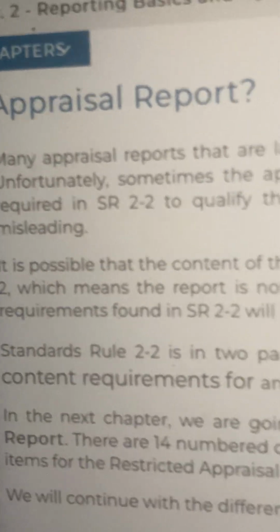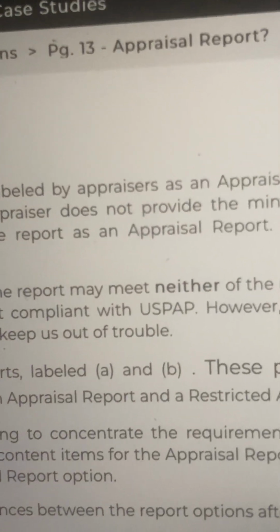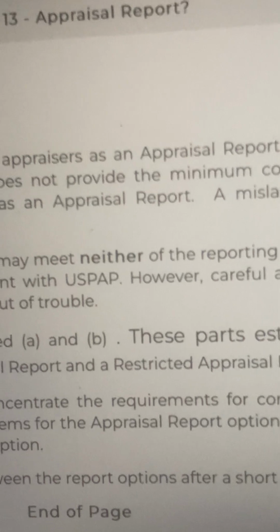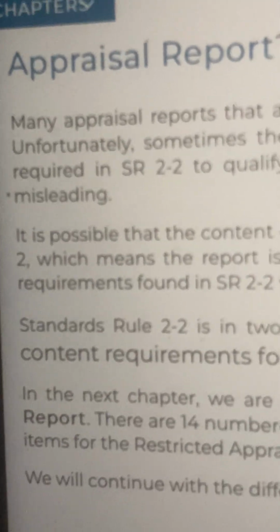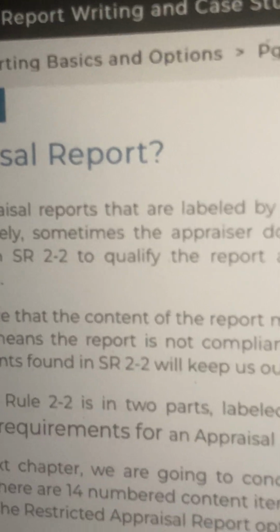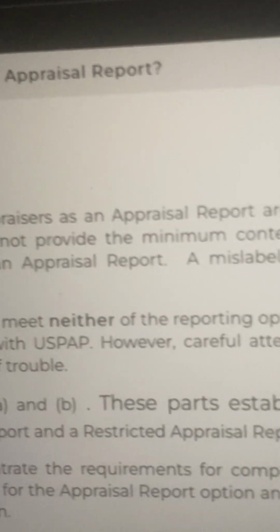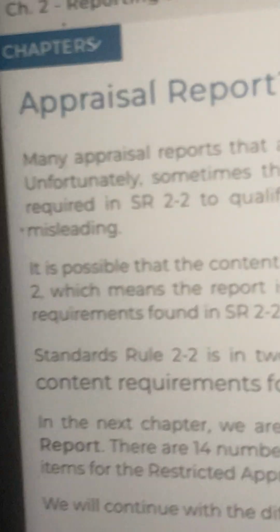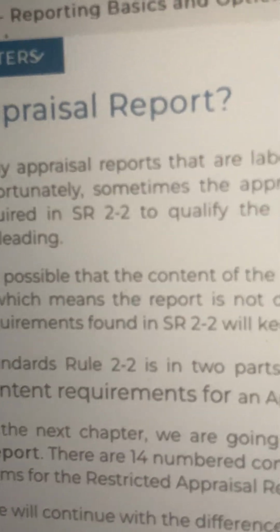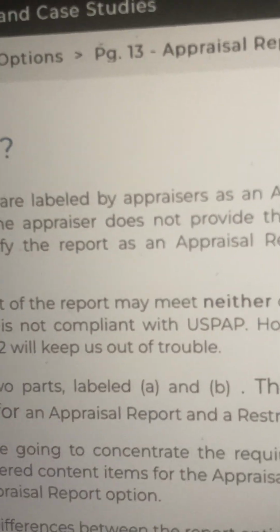It is possible that the content of the report may meet neither of the reporting options specified by SR 2-2, which means the report is not compliant with USPAP. However, careful attention to the reporting requirements found in SR 2-2 will keep us out of trouble.